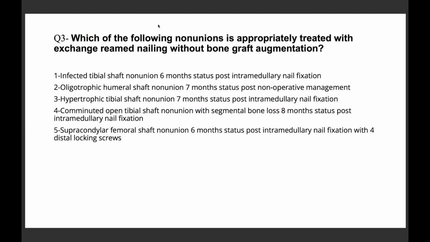Hypertrophic means the biology is optimal, however, stability is the issue. The other fractures have a biological factor, whether it's infection, oligotrophic, or comminution with bone loss. This one, supracondylar, usually the blood supply or vascularity is an issue, so it is also biological. The only one that does not have anything even remotely biological is the hypertrophic tibial shaft non-union, 7 months, post intramedullary nail fixation.